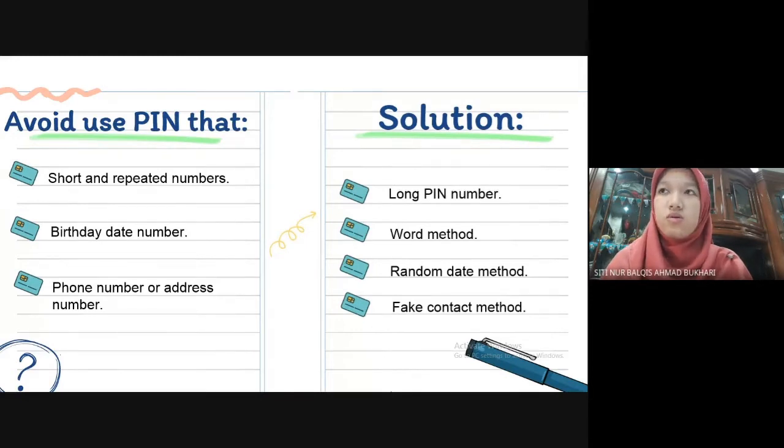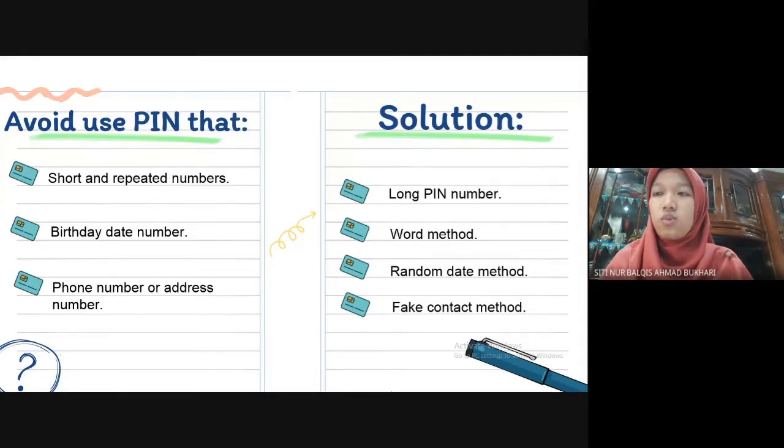So the solution is that pengguna perlu menggunakan nombor PIN yang panjang yang pengguna senang ingat dan tak dapat digunakan oleh akses lain. Dan seterusnya adalah word method.